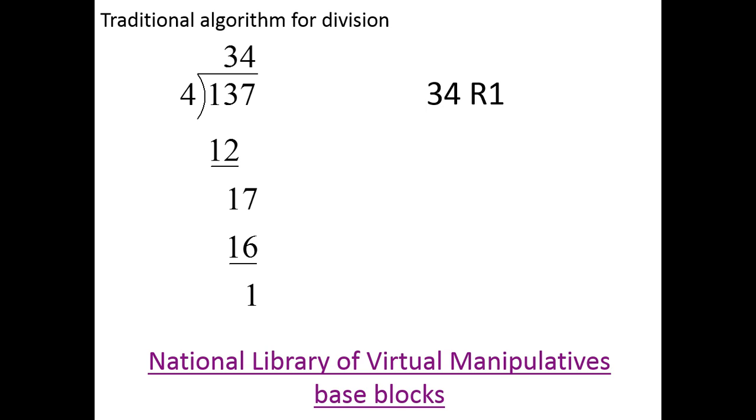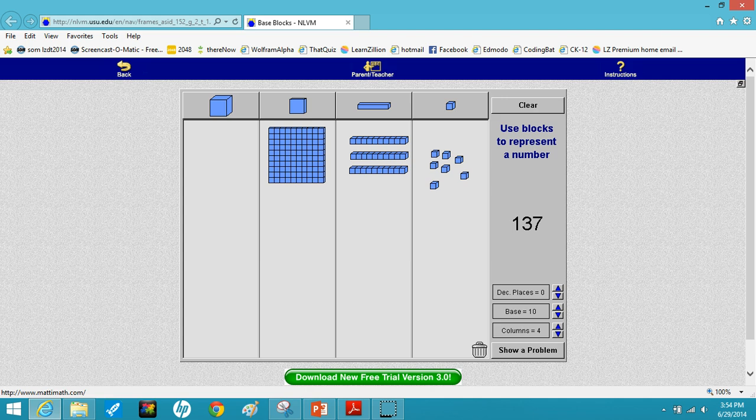So let's take a look at the National Library of Virtual Manipulatives and what you can see with using their base blocks to see what's really going on when we do division. So take a look at these blocks. This represents 137. We have one 100 block, 3 10 blocks, and 7 1 blocks.